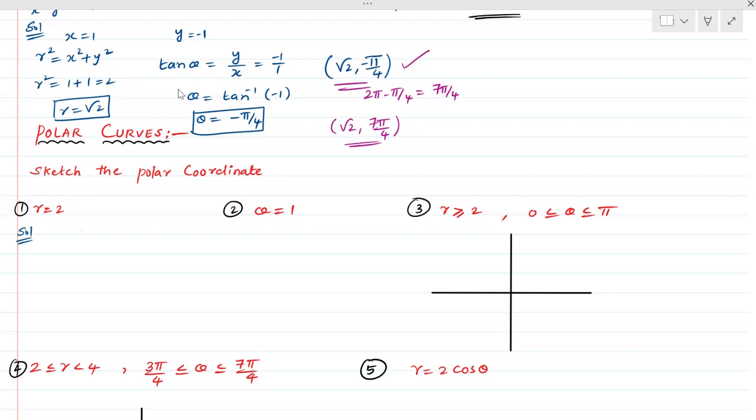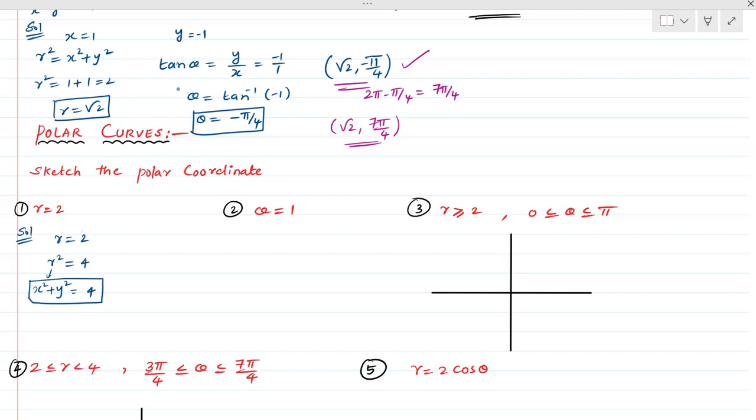So given r is equal to 2, if you square both sides, you will get r squared equal to 4. What is the r squared value? By the definition of the polar coordinate, x squared plus y squared. So you will get x squared plus y squared equal to 4.